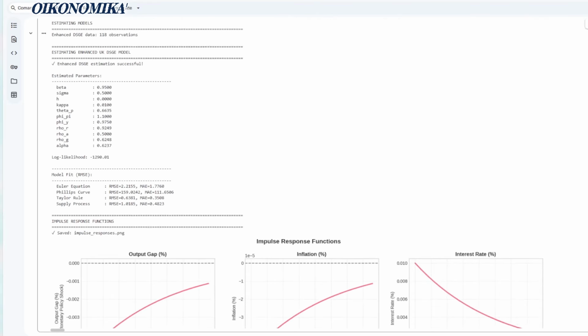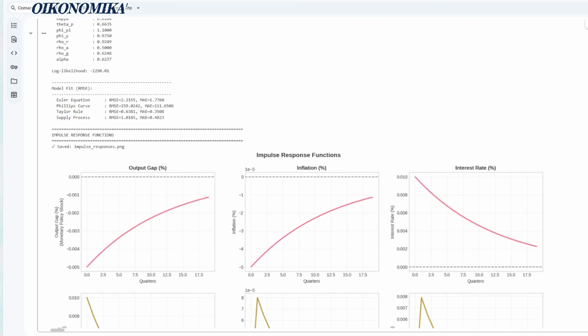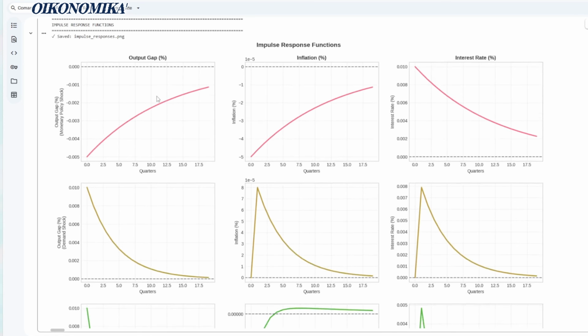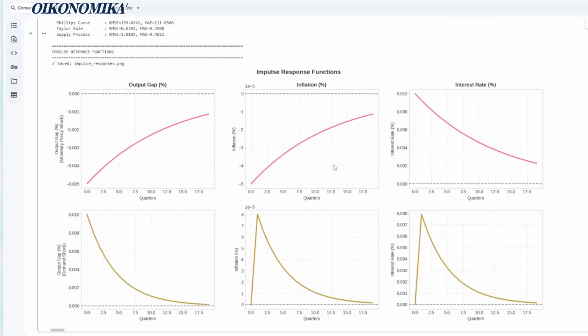Here we can also see the impulse response function of a monetary policy shock vis-a-vis the output gap, inflation, or interest rate, and what a demand shock or a supply shock does to the economy. So we can see how 10, 15 quarters forward the shock propagates. And you see here, for example, when you have a restriction in monetary policy, how long the negative output gap can last in the economy.